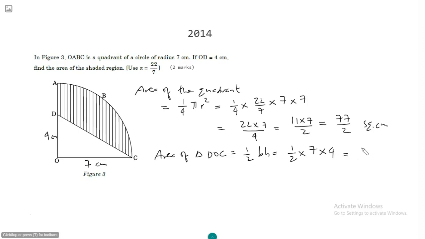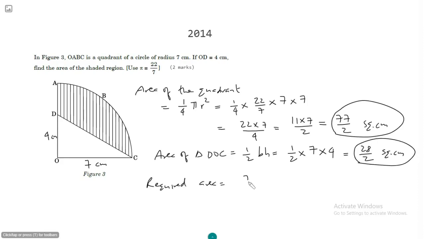So this is going to be 28 by 2 square centimeters. And the area of the shaded region is going to be this minus this, right? So required area is going to be 77 by 2 minus 28 by 2, which is 49 by 2. That's 24.5 centimeters squared.